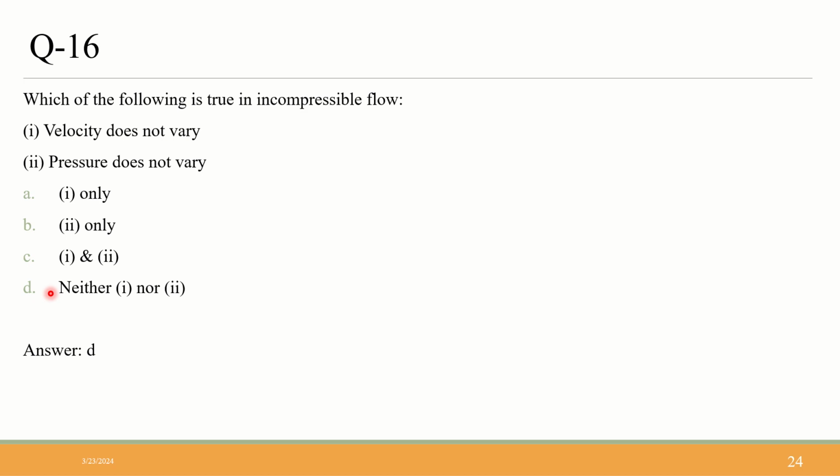Again, it is false, because pressure variation would obviously be there in any system concerning fluid flow, and in most cases pressure variation is what governs the fluid flow. So both are false. Option C includes 1 and 2, which is false. Therefore the answer is option D, neither 1 nor 2. Both are false.